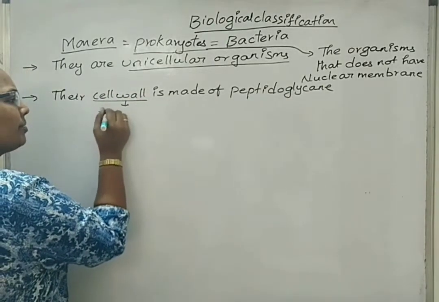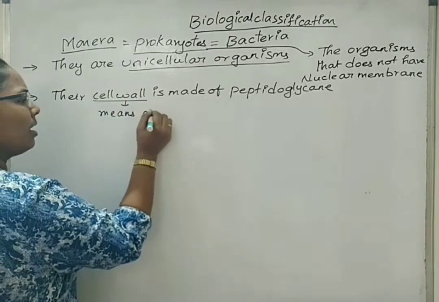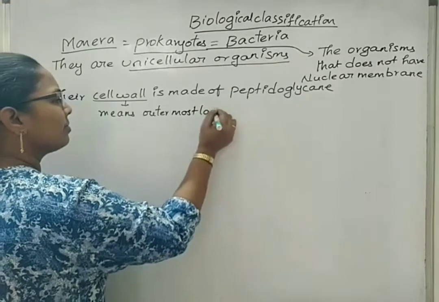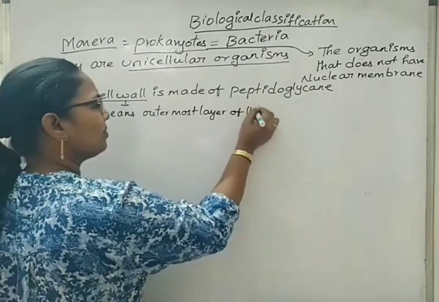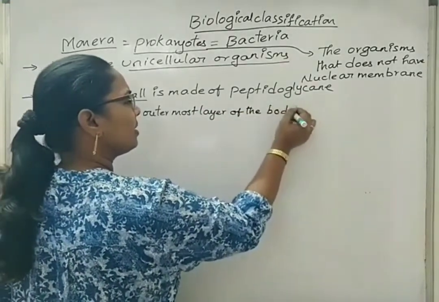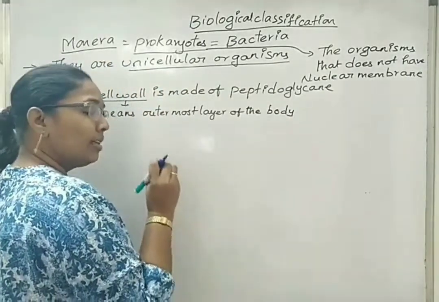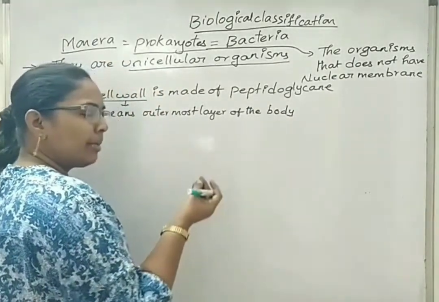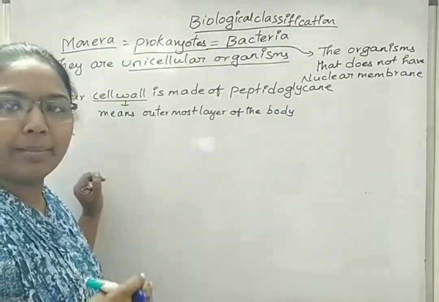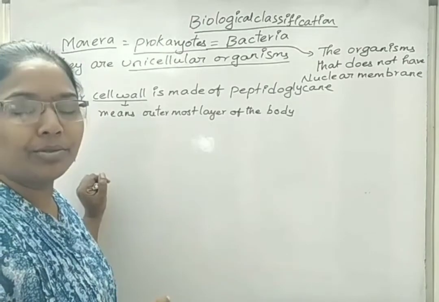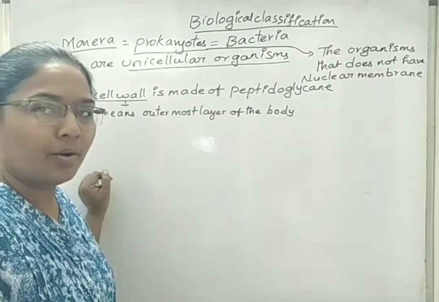Cell wall means the outermost layer of the body that is made up of carbohydrates only. In addition to carbohydrates, there may be other biomolecules, but the major content should be carbohydrate. Then that outermost layer is called the cell wall.